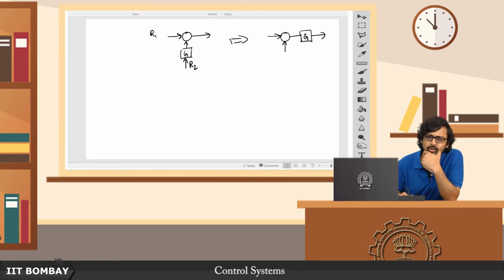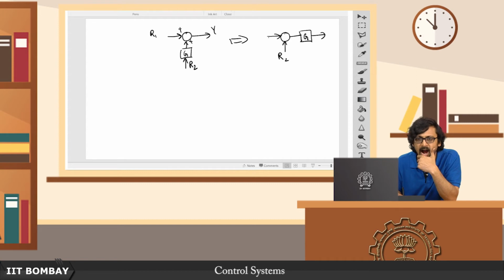So what do you have to do? Notice that this R2 does not have to change really. But what about R1 now? R2 was already being multiplied by G, so what was coming as the output was R1 plus G R2.